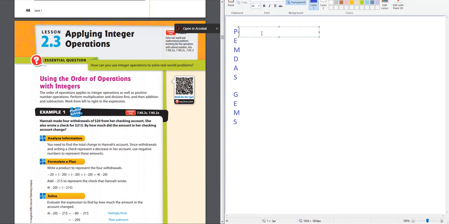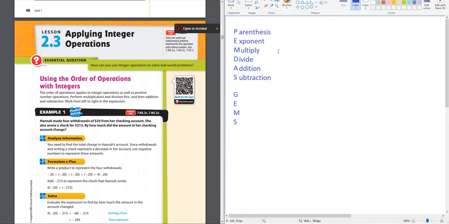PEMDAS. P stands for parenthesis, and then exponent, multiply, divide, addition, and subtraction. So this kind of tells you the order of operations.